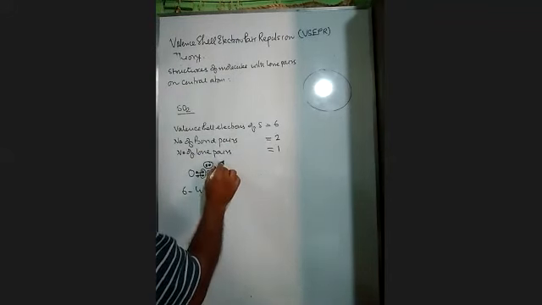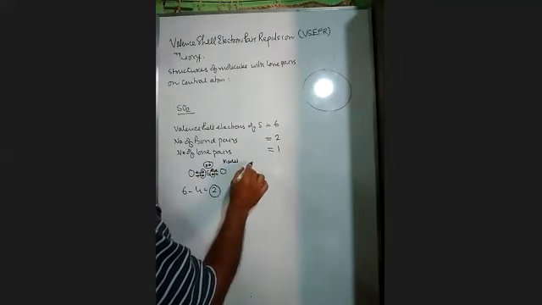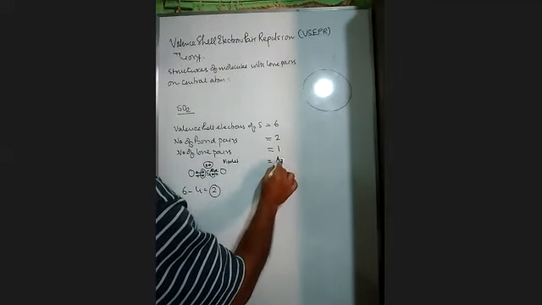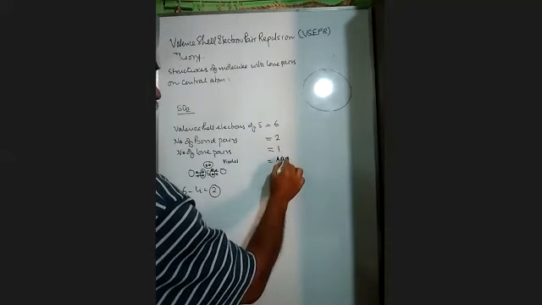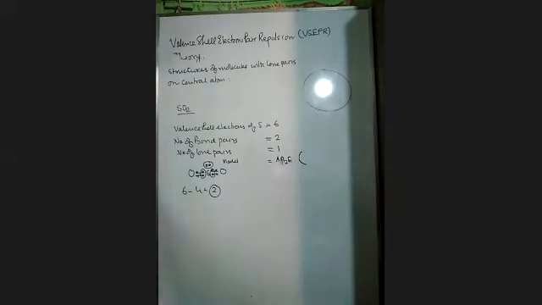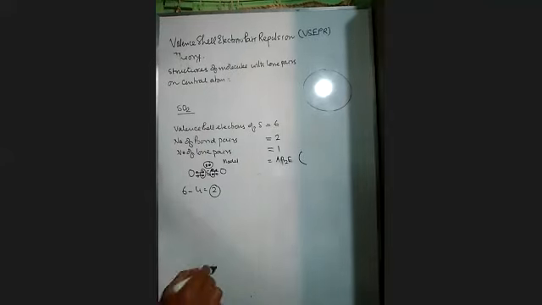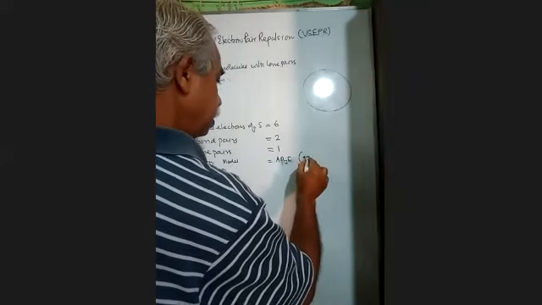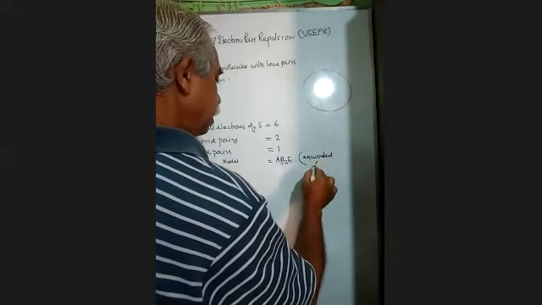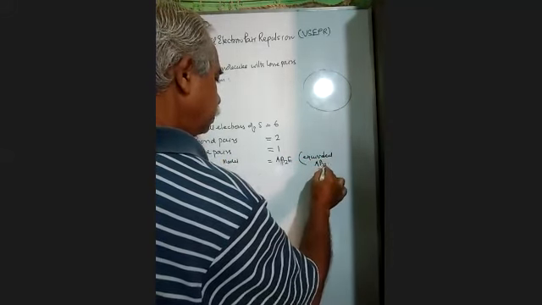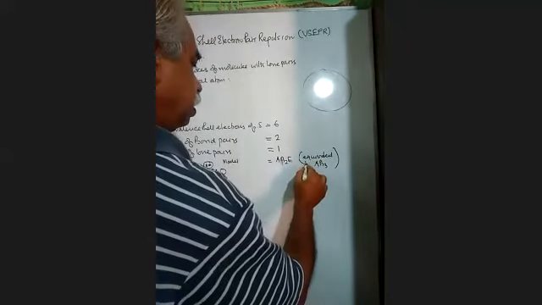So what is the model? Model is ABE. Now that you will not write in your school copy, but in your copy you will write equivalent to what? What is the original model? Original model is this. Equivalent to AB3.